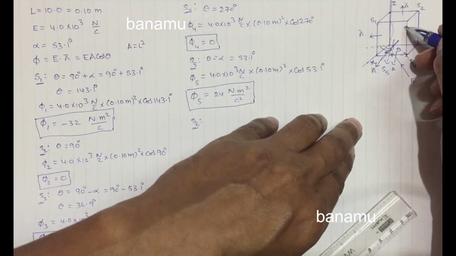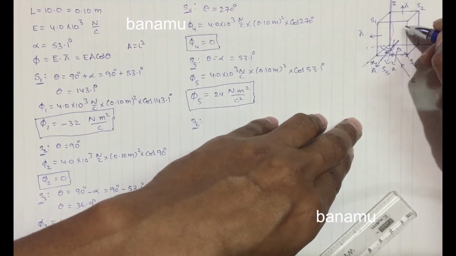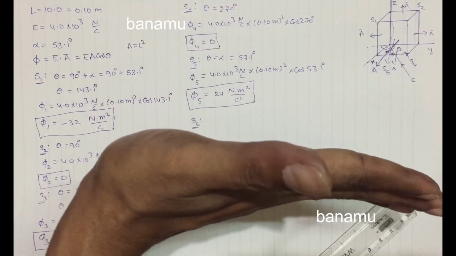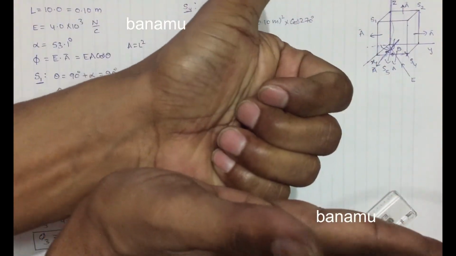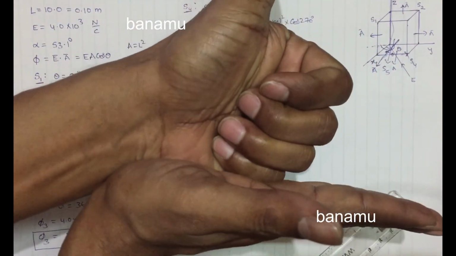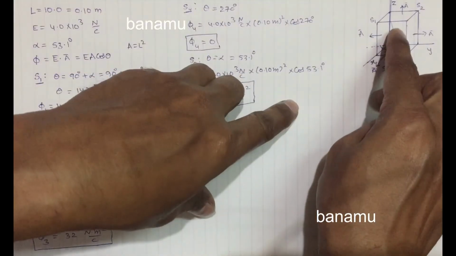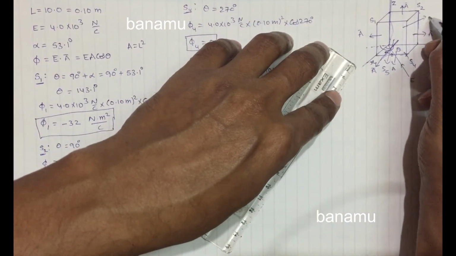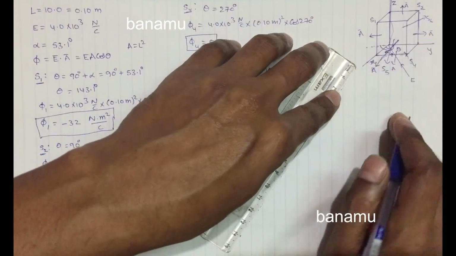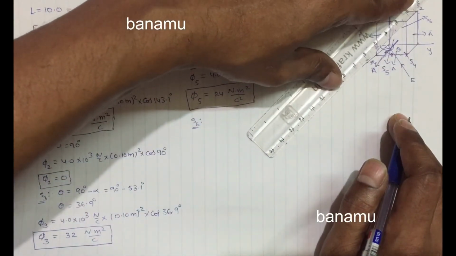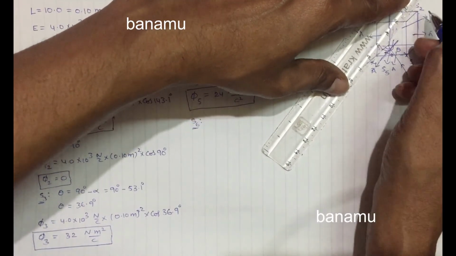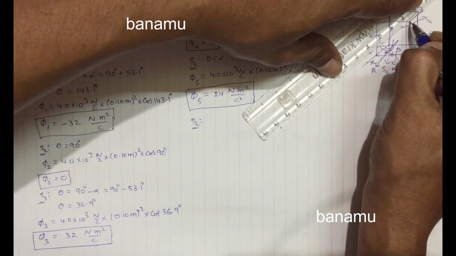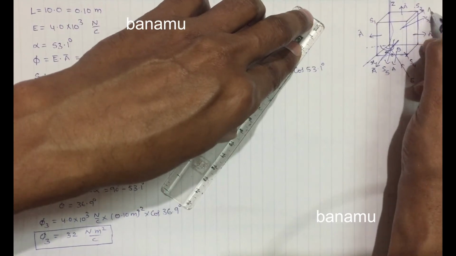The unit normal vector is perpendicular to this surface, and its direction is along the negative x axis. This is the unit normal vector A bar.